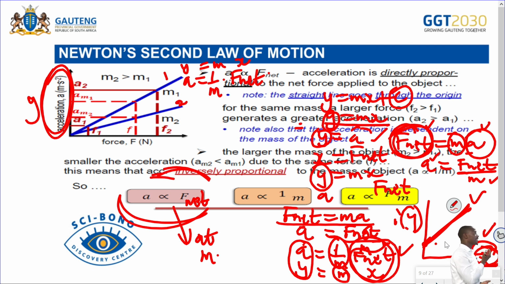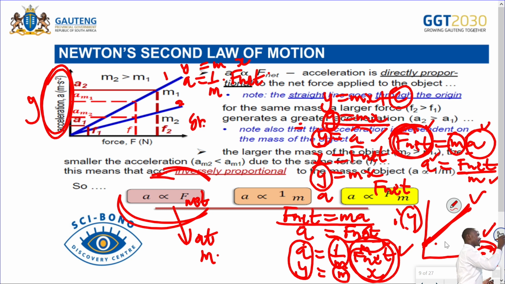How are you going to find out? First thing that you need to do, already you know that the gradient represents the inverse of the mass. Then the gradient of m1, I'm talking about the gradient, let me write it in full.